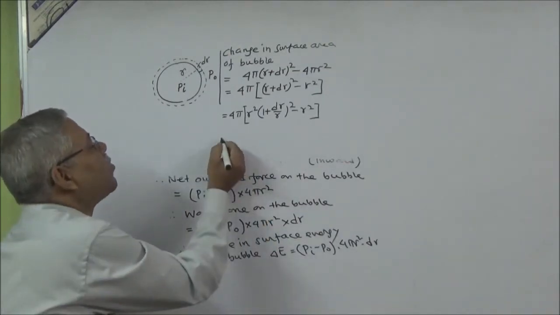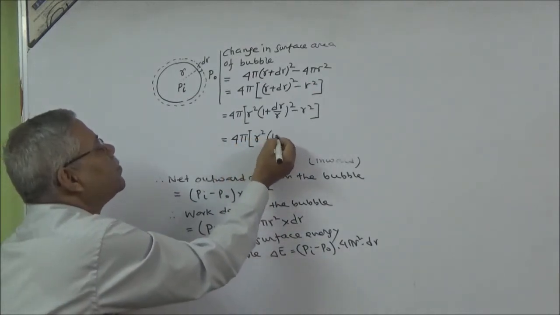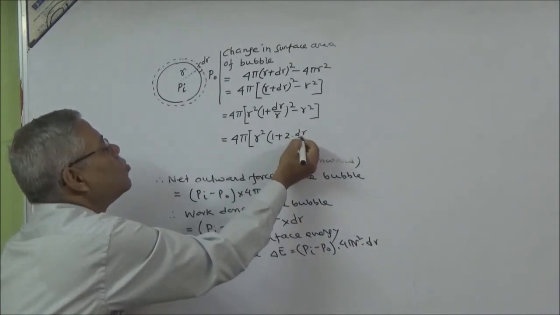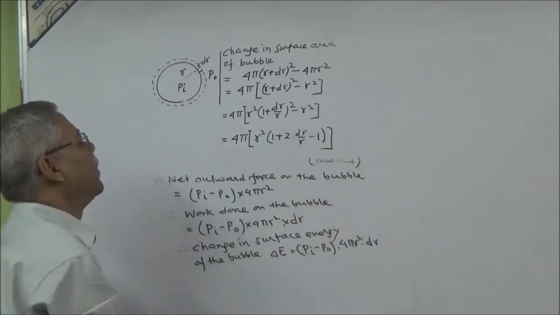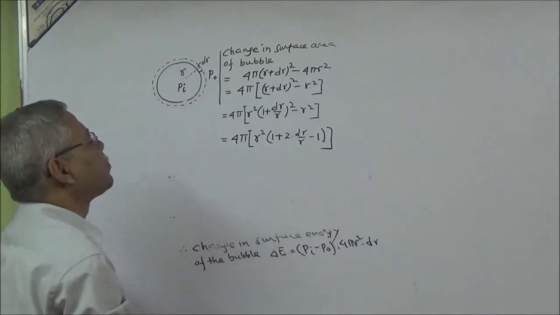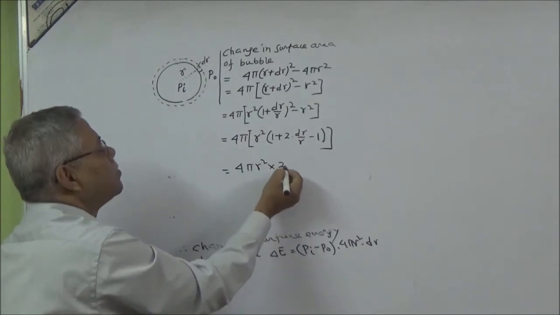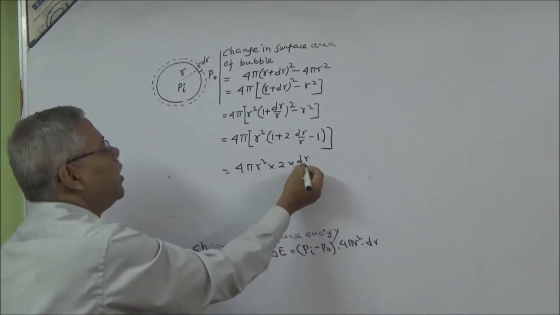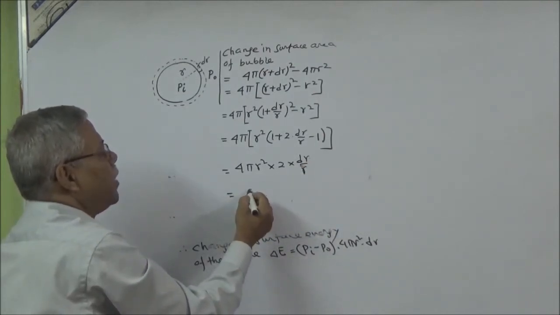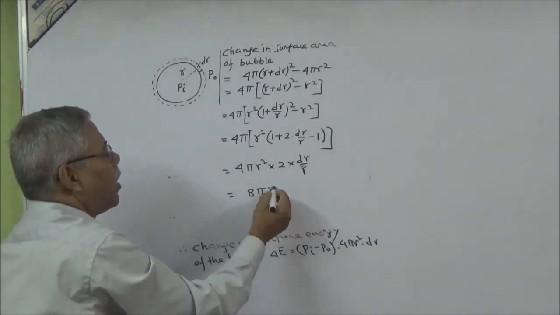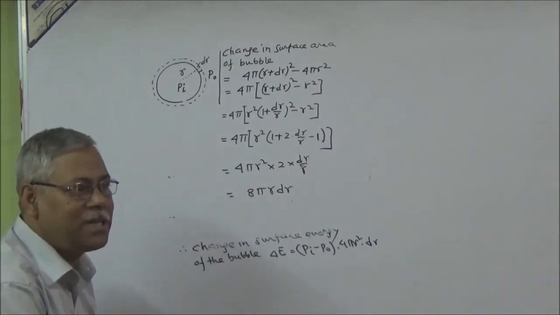So this is equal to 4 pi r square (1 plus 2 into dr by r minus 1), equal to 4 pi r square into 2 into dr by r, equal to 8 pi r dr. Is this the change in surface area?